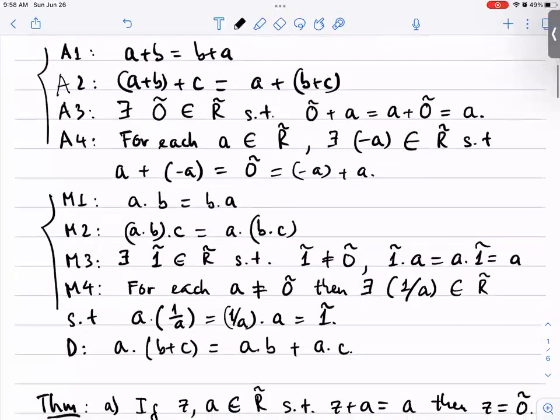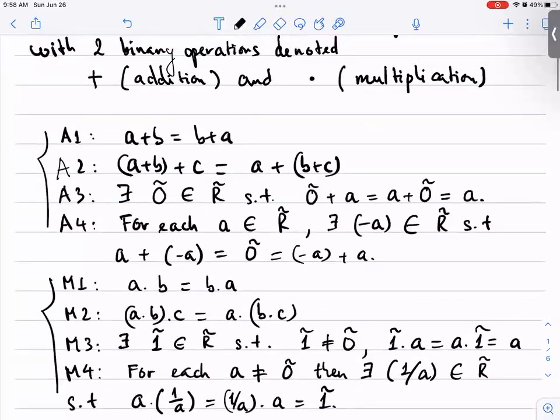So we're going to have several axioms here grouped into the properties of the addition operation and the properties of the multiplication operation. So A1 here is just the commutative property of addition.